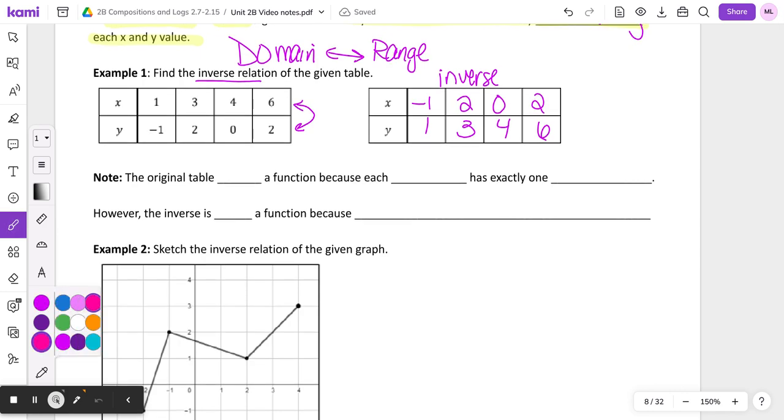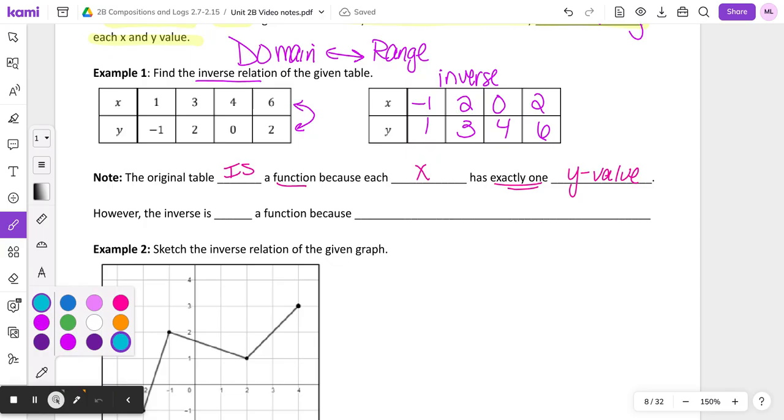In the original table, we're deciding if it's a function or not. It is a function because every x has only one y value. So this is a function because each x has exactly one y.